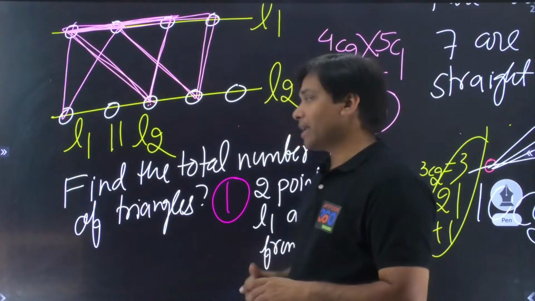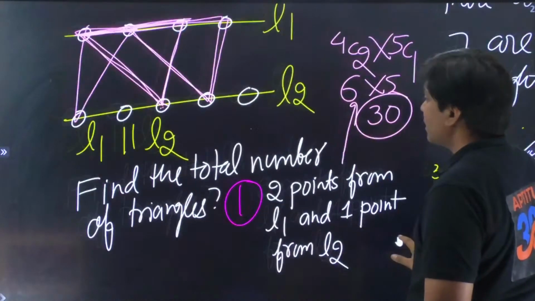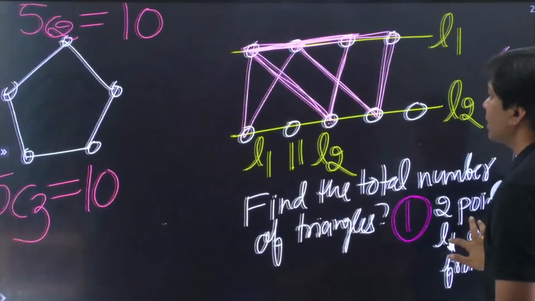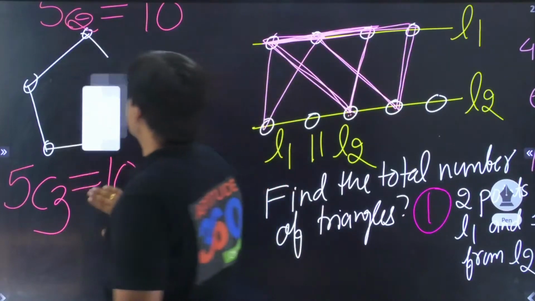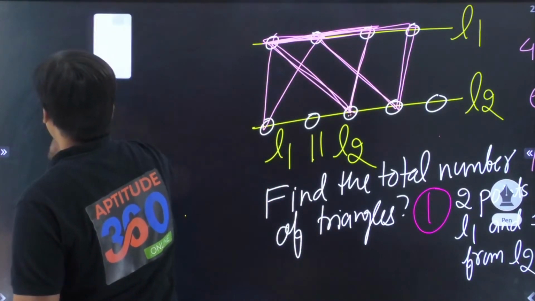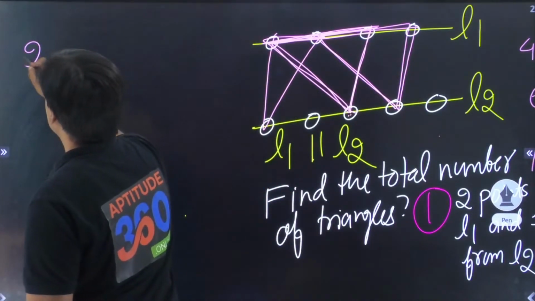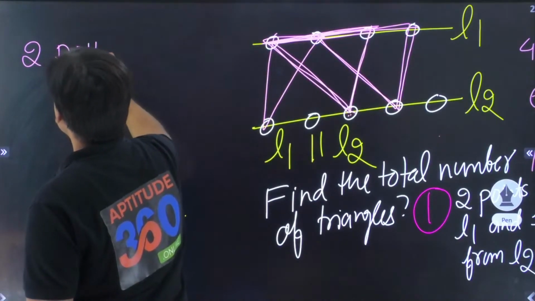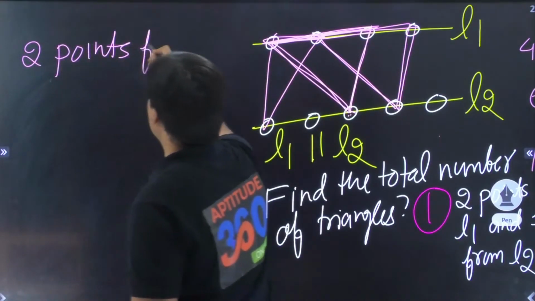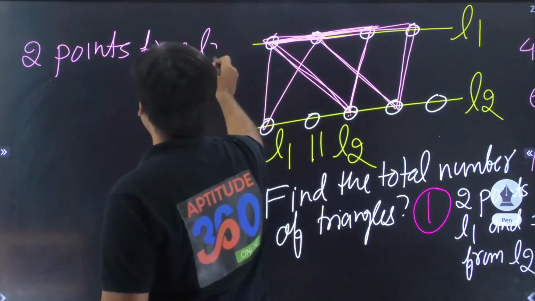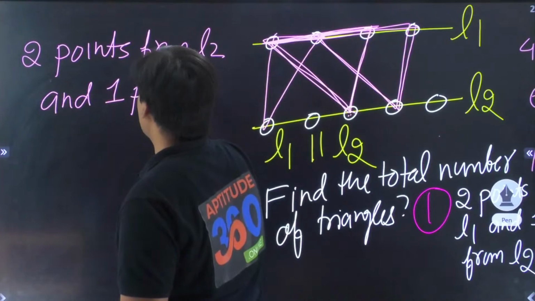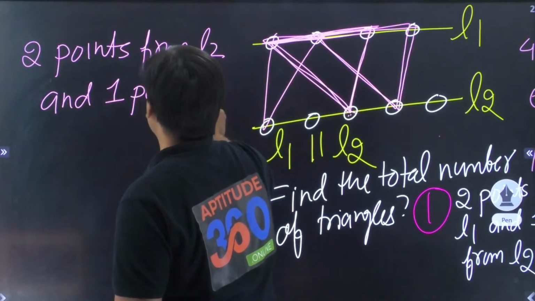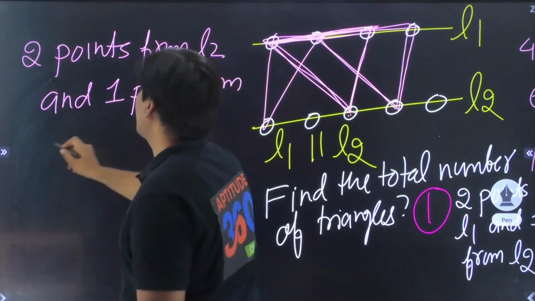What is the second mechanism to solve the problem? I will say that, okay, can I do this out here? Can I do this? Where I say that, okay, listen, what if I have 2 points from L2 and 1 point from L1. Can I have this?